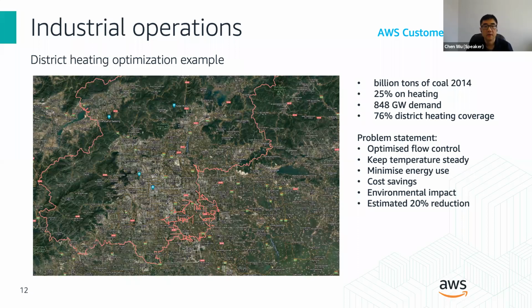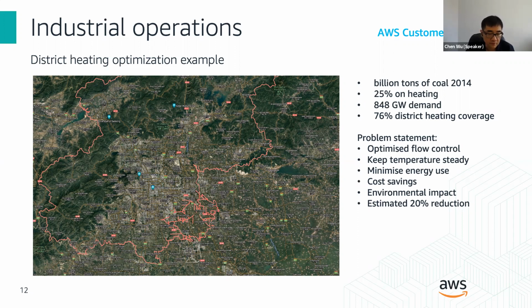But sometimes when nobody's in the building, it's still quite hot, which is just a waste. You definitely want to reduce the waste, because most of these heating systems are using coal to generate the energy, the heat.